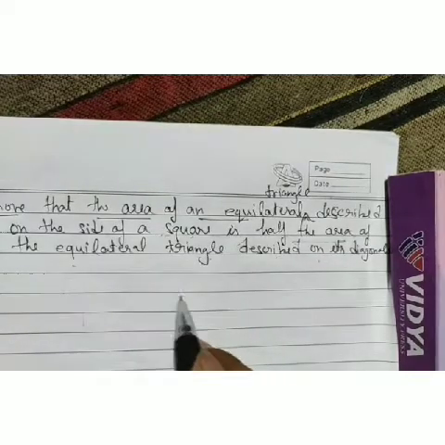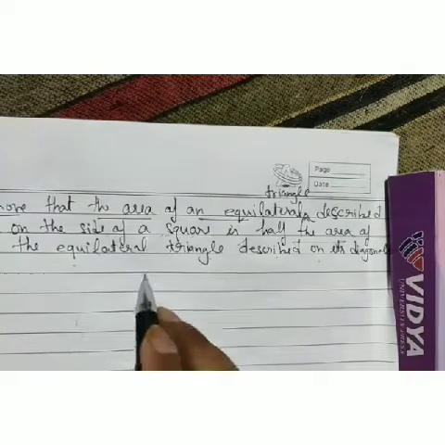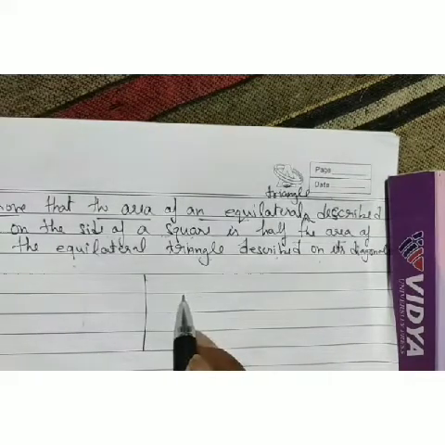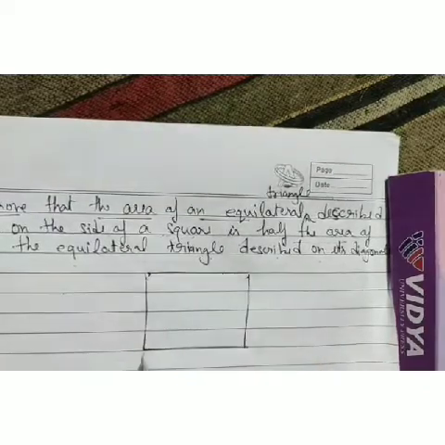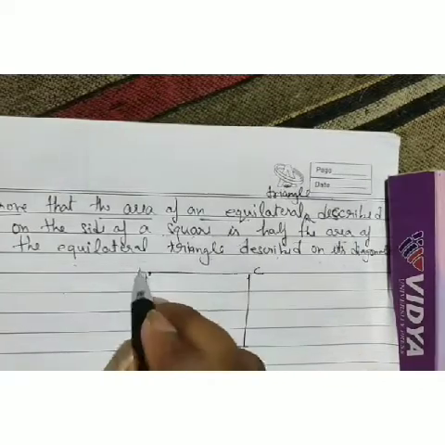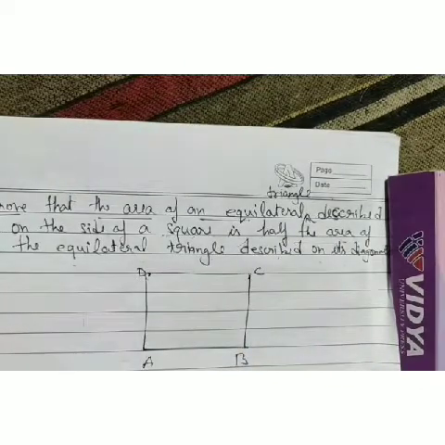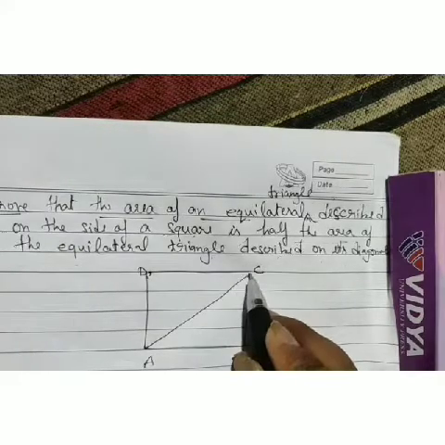First of all, draw a square. Take a square ABCD. This is the square, and this is our diagonal.